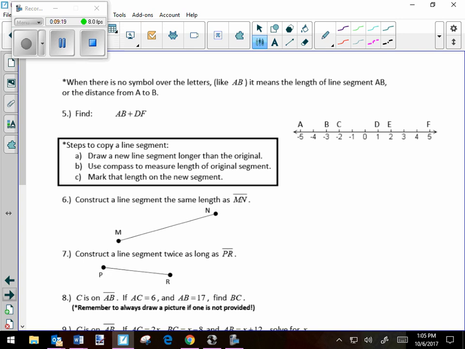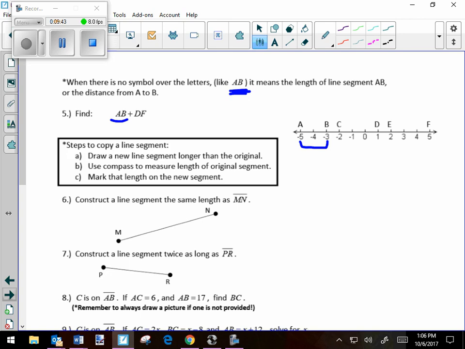In the next part, it says when there is no symbol over the letters and you see something written just like this, it means the length of the segment from A to B, or the distance from A to B. So in this particular case, when they're asking me the length of AB, I'm looking to see how far of a distance it is from A to B. Direction doesn't matter.